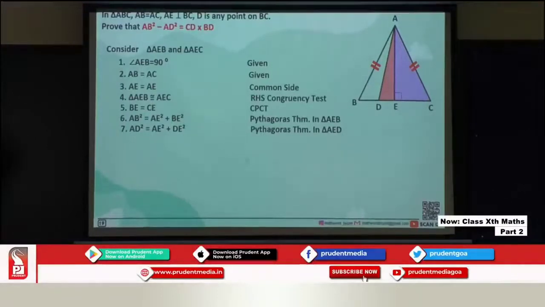Now if we look at step number 6 and step number 7 carefully, I have AE square over here and AE square over here as well. So I will write step number 6 and step number 7 keeping AE square on one side and all the other terms on the other side.